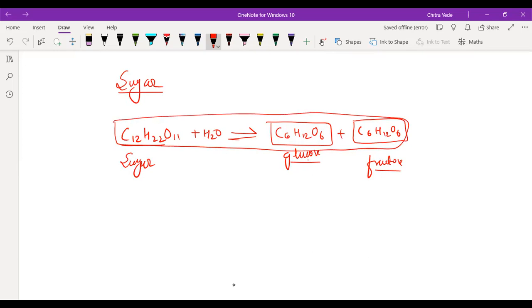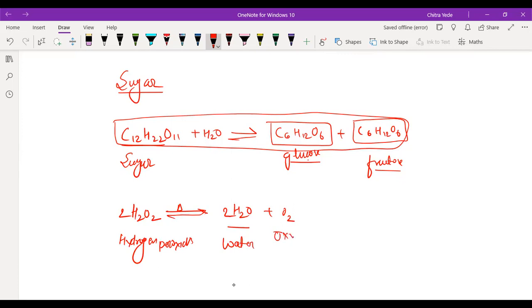We have one more example, hydrogen peroxide, H2O2. I am just heating that, and it will form H2O, water, and oxygen gas will be released. So this is hydrogen peroxide, and it undergoes a disproportionation reaction to form water and oxygen.